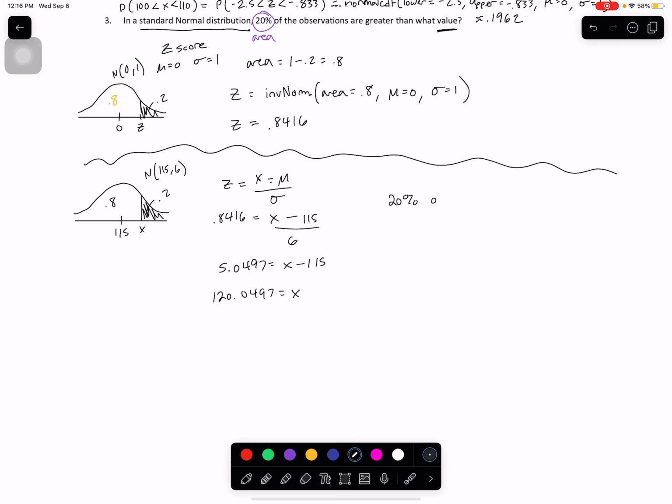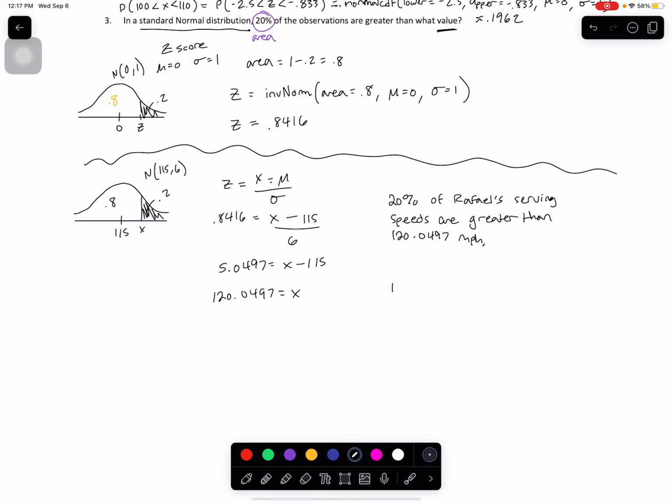So what this is saying is that 20% of Raphael's serving speeds are greater than 120.0497 miles per hour. Another way you could write this with 0.8, technically that means this is the same as the 80th percentile.